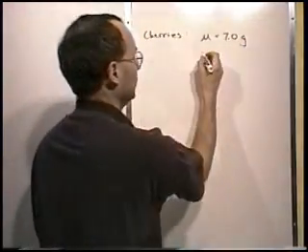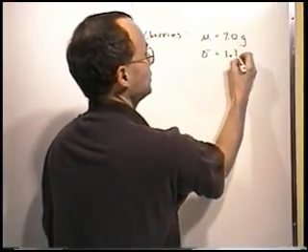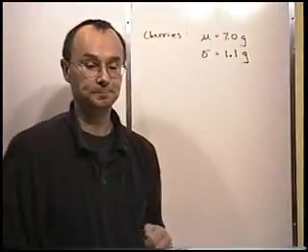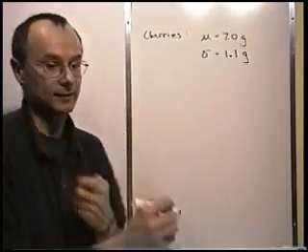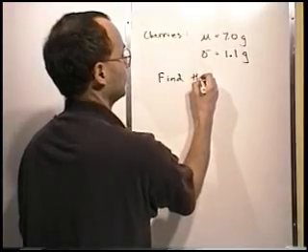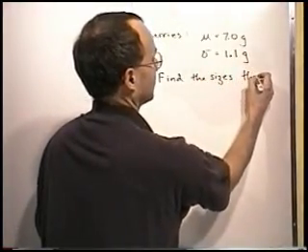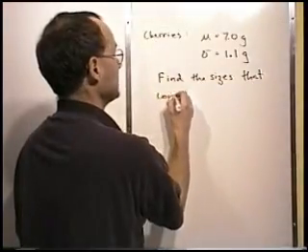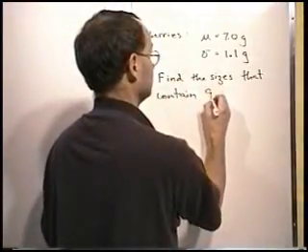And we might say, well, from our sample we got a standard deviation of 1.1 gram. Now, we might be interested in a question something like this. We might want to find the sizes of cherries that contain 90% of cherries.